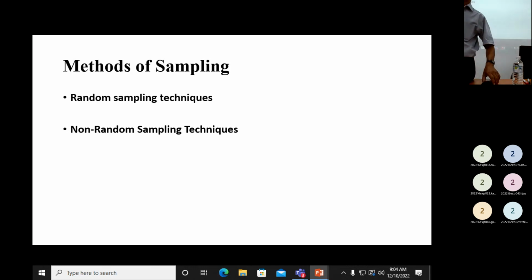Sampling techniques can be classified as random sampling techniques and non-random sampling techniques.